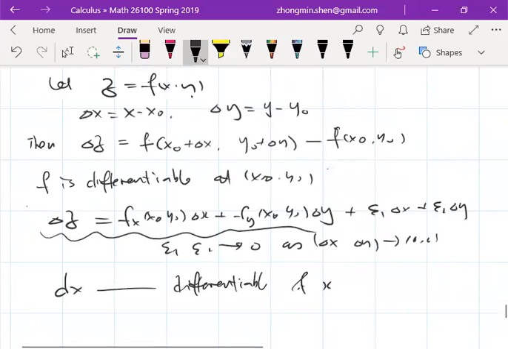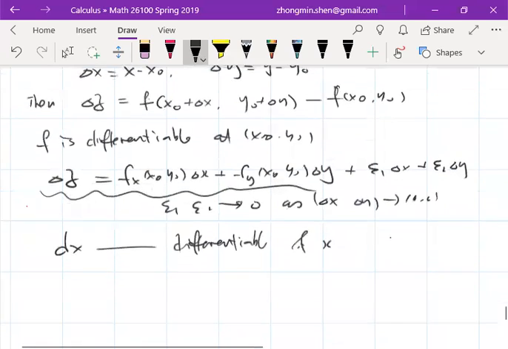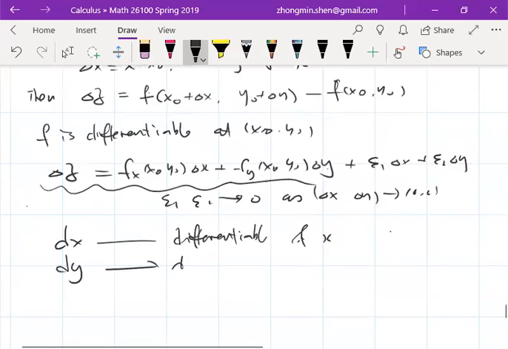Okay. So dy is called the differential of y.